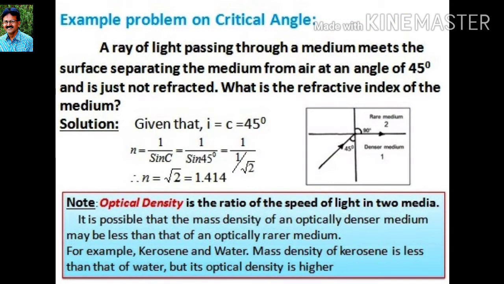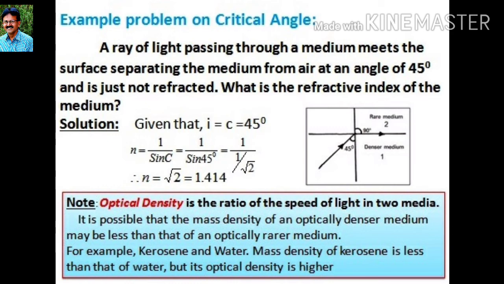Now, one example problem on critical angle. A ray of light passing through a medium meets the surface separating the medium from air at an angle of 45 degrees and is just not refracted.